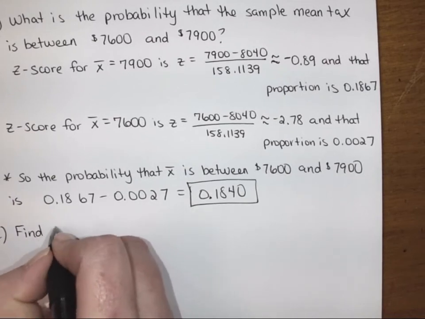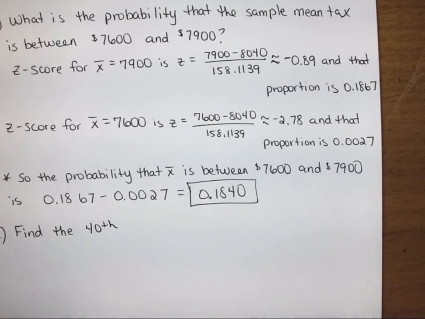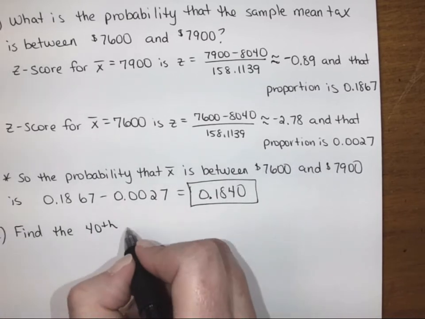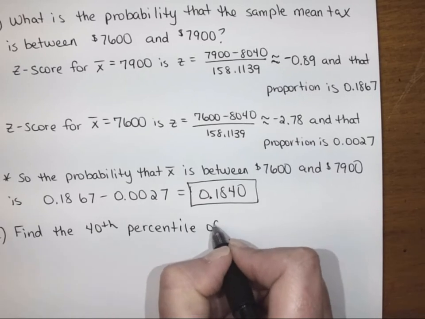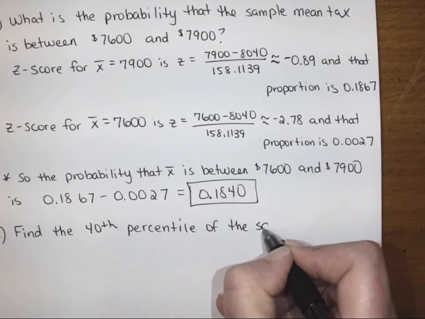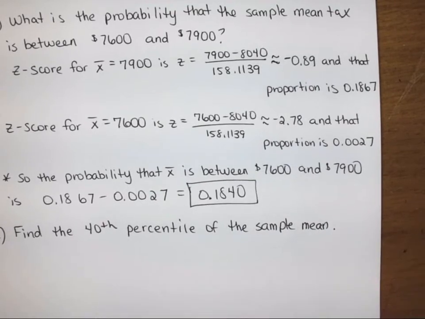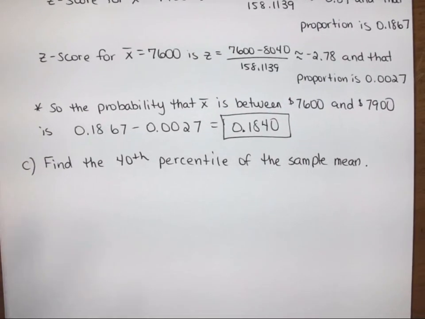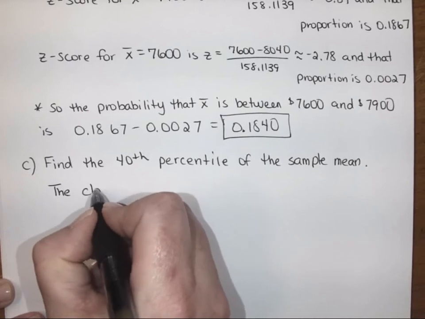All right, so let's throw in a percentile question. Let's say I ask you to find the 40th percentile of the sample mean. In other words, find the mean that 40% of the sample means would have to stay under. Remember, anytime we want a percentile, we're just looking for area.